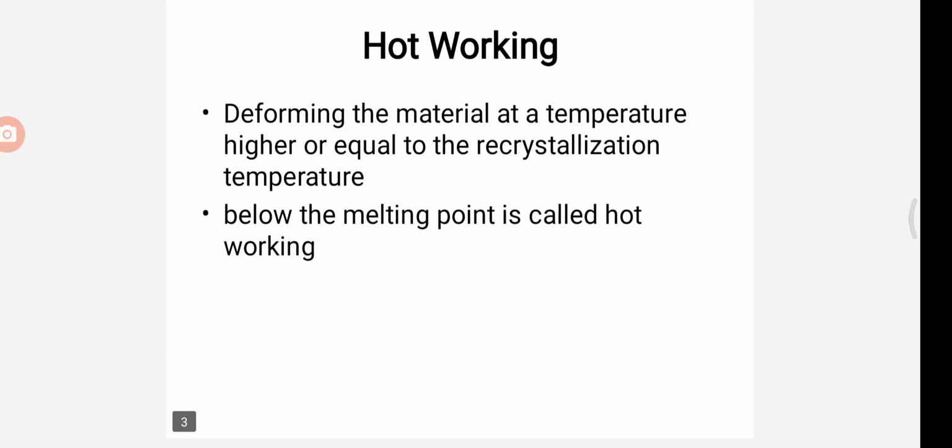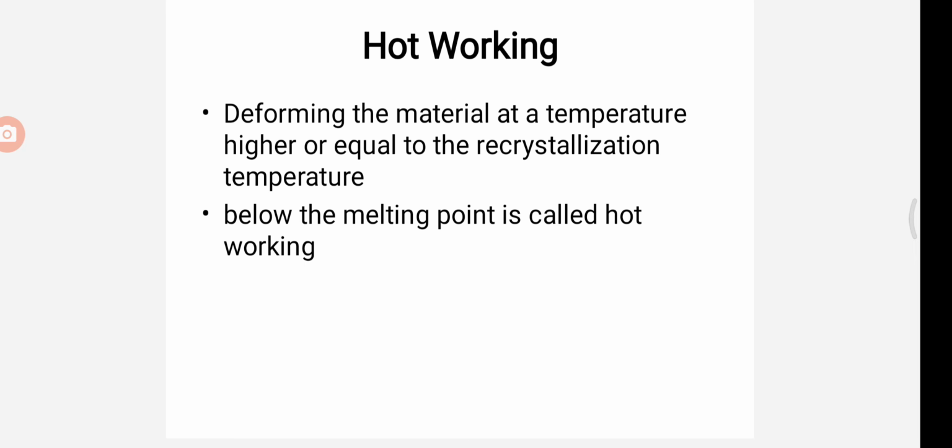Next we are going to see what hot working is. Deforming the materials at a temperature higher than or equal to the recrystallization temperature, but below the melting point, is called the hot working process. What are the principles of hot working? It is deforming the material at a temperature higher than or equal to the recrystallization temperature of the working metal but below the melting point.